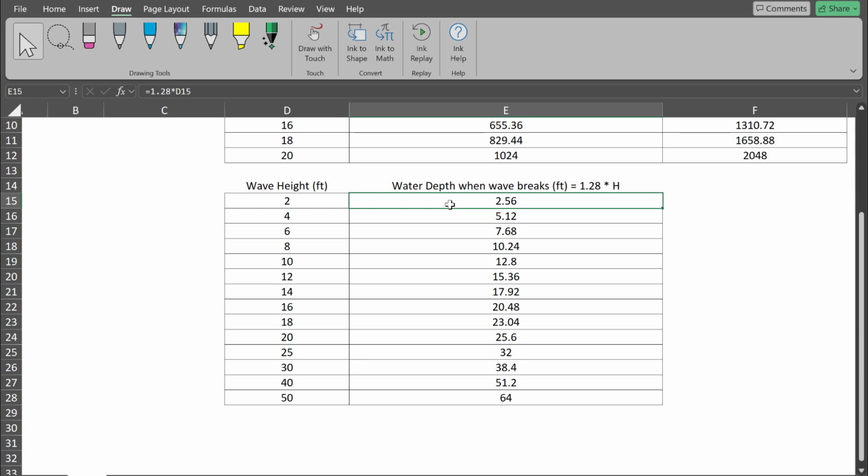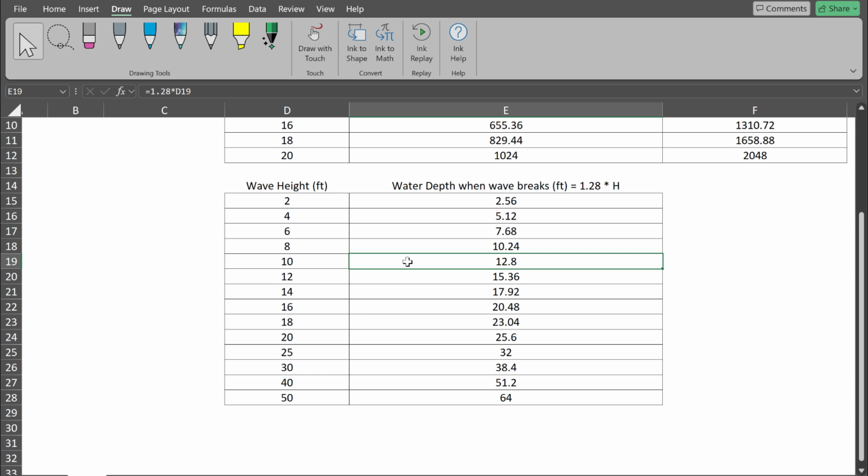This is when a wave will begin to shoal, which is a fancy word for breaking, in a depth of water that's 1.28 times the height of the wave. So, for example, a 2-foot true height wave requires 2.56 feet of depth or shallower to shoal or to break. A 10-foot wave requires 12.8 feet of depth or shallower.